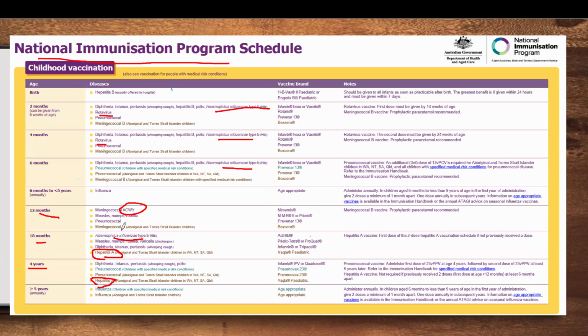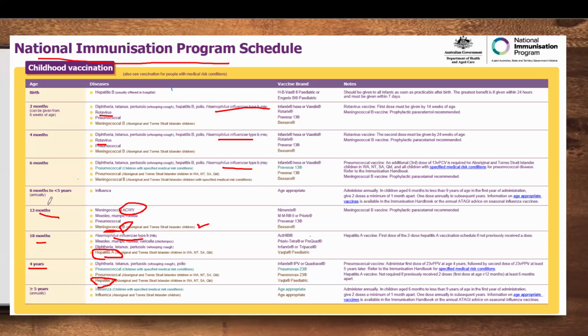Similarly, the meningococcal B vaccine. You can see there is a vaccine ACWY and there is a vaccine B. This meningococcal B vaccine is not given to non-Aboriginals. It is only for Aboriginal children, because they are more susceptible to meningococcal infection.